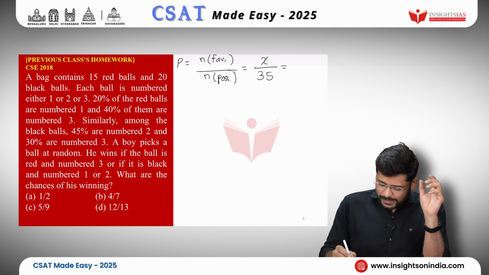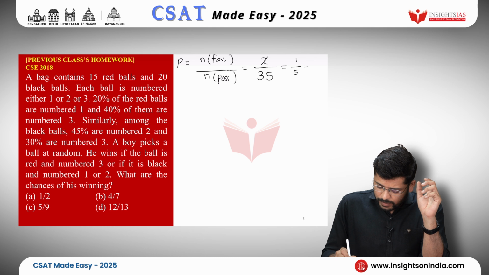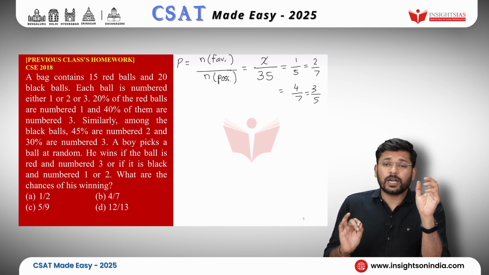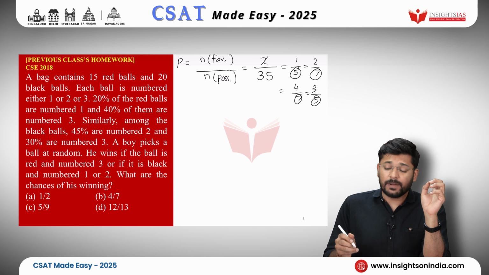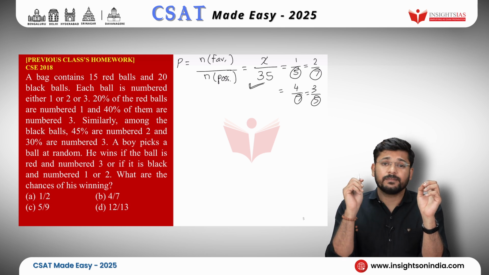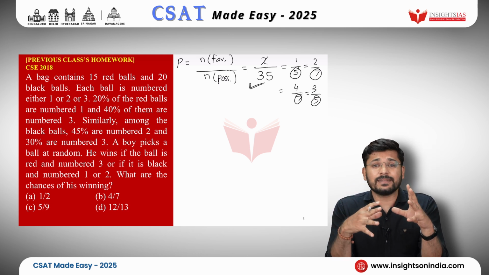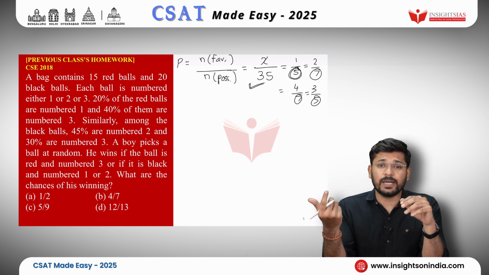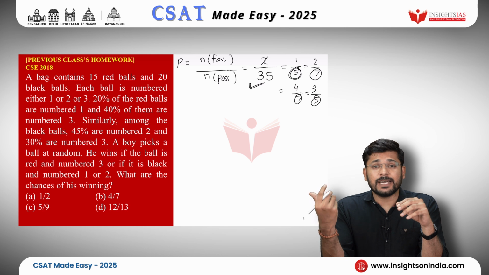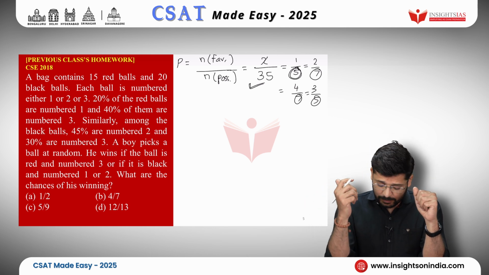Whatever value you get, it can be 1 by 5 or 2 by 7, or as in this case 4 by 7 or 3 by 5. The denominator will always be a factor of 35, right? Because you are dividing 35 by something, in the simplified fraction the denominator should be a factor of 35.